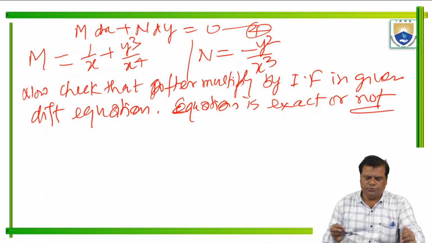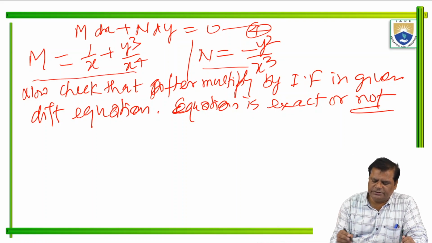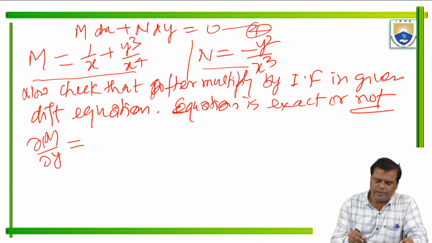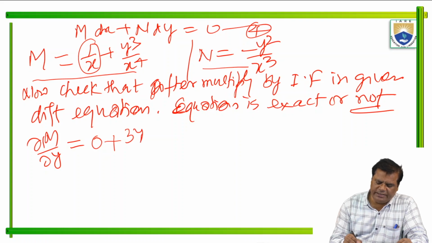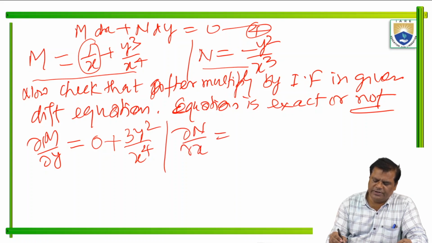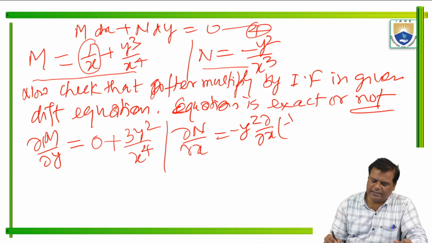Okay, so M is this and N is this. Now del M over del y equals, differentiating, x is a constant in the first term so 0, plus differentiating with respect to y, 3y square upon x to the power 4. And del N over del x equals, differentiating with respect to x, y is constant, minus y square, del over del x of 1 upon x cube.